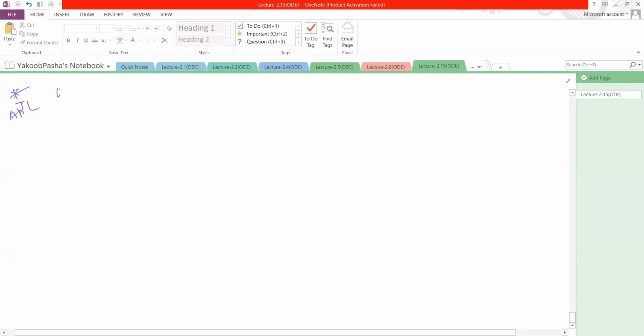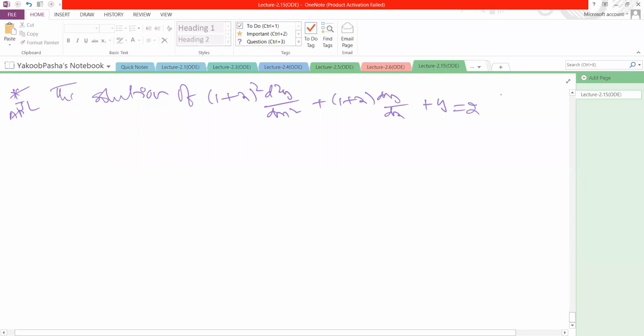The solution of (1 plus x) whole square d square y by dx square plus (1 plus x) dy by dx plus y is equal to 2 times sin log (1 plus x). This is the question. We have to find the general solution.